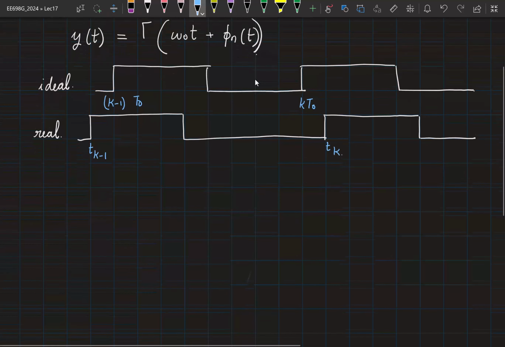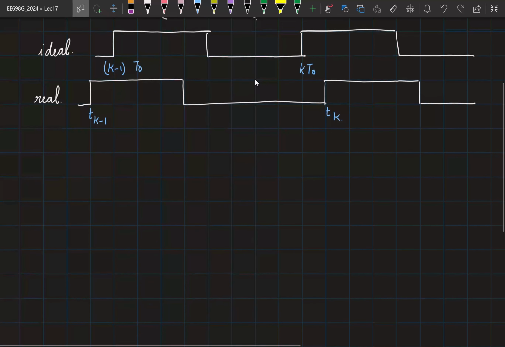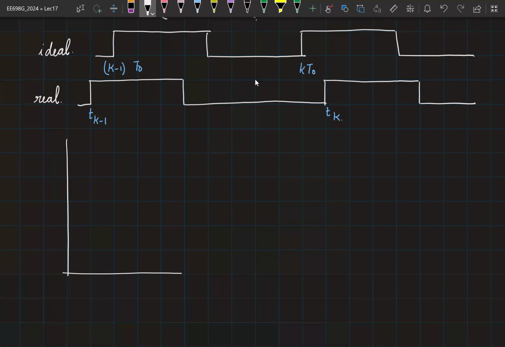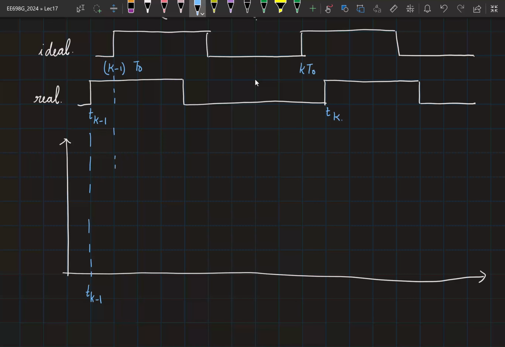Then we plotted the total phase of both the signals. So the time points of interest are t k minus 1, and this is k minus 1 into t naught.